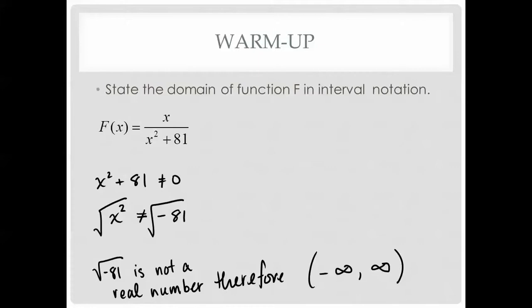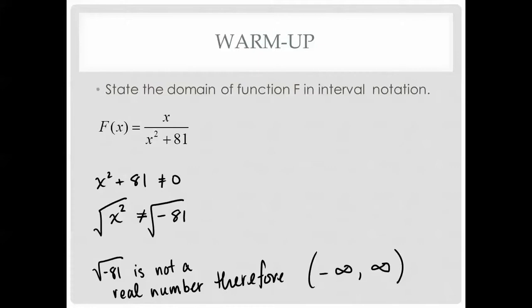So if you think of, okay, square root of 81, that's 9. Well, yeah, 9 times 9 is 81, and negative 9 times negative 9 is also positive 81. So we're going to talk about what happens when we take the square root of a negative, what that really looks like in a later section in this chapter.